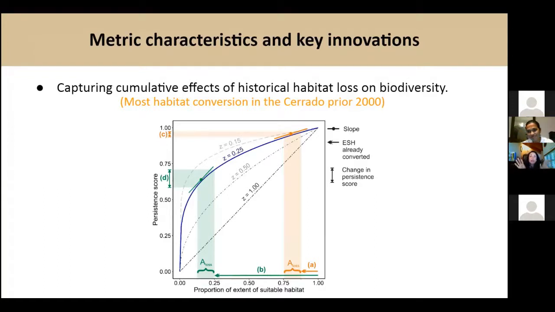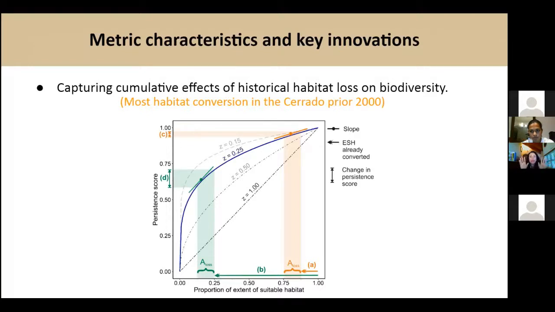If we have two species, species A and species B, and both species lose exactly the same extent of habitat within a time frame. However, species A had lost by that time already 90% of its original range of habitat, while species B had lost only 10% of its original range.